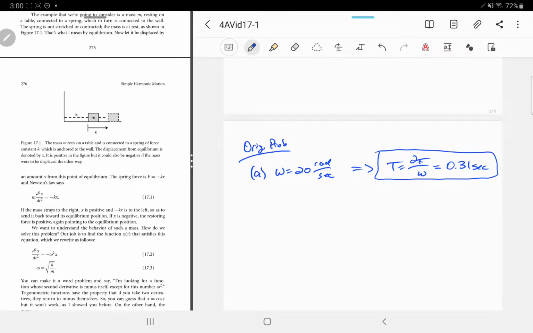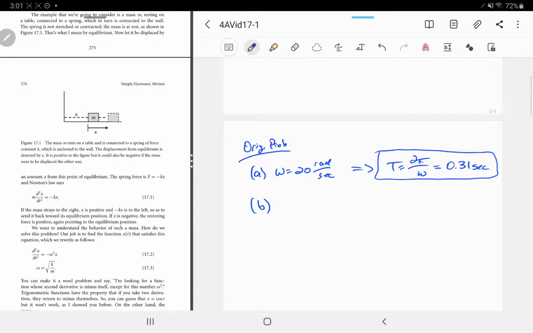Right? 3.14 is pi, divided by 10, so scoot the decimal over. And this is all in SI units, so the period is in seconds. Okay, so pretty fast. That's about a third of a second. Pretty fast oscillations. All right.